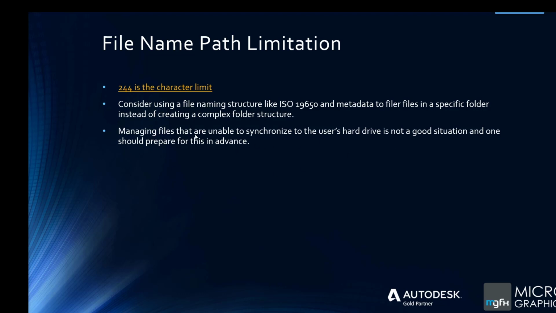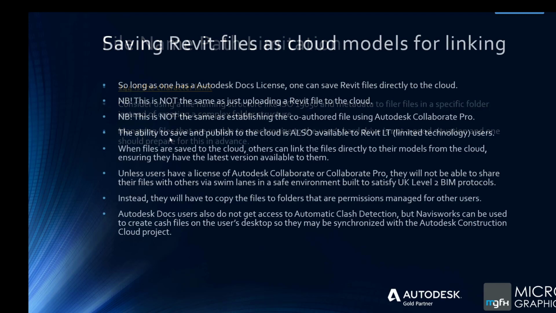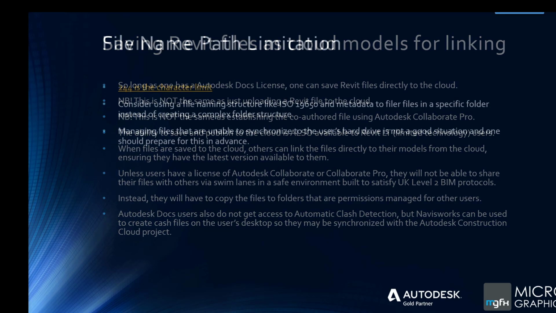And then managing files that are unable to synchronize to the user's hard drive is not a good situation. One should prepare for this in advance. Just making a note that the file naming standard is very important and you should stick to that.